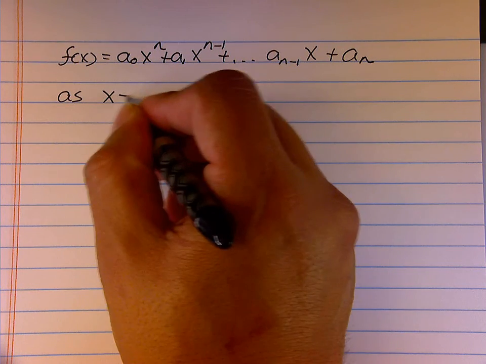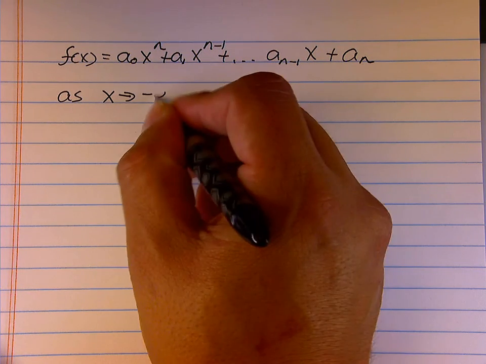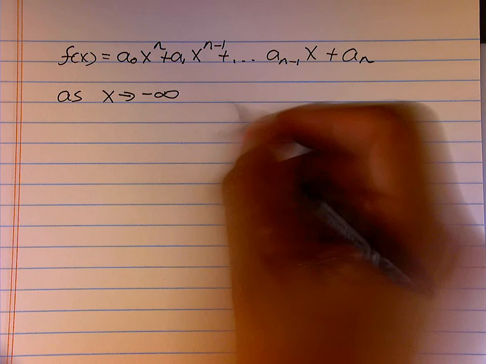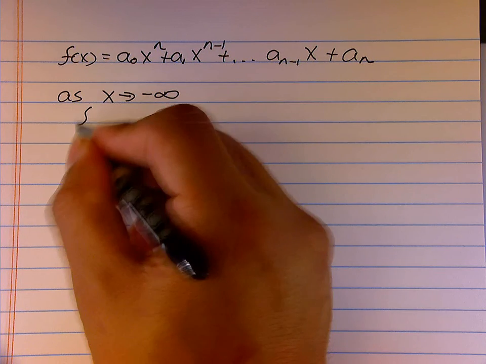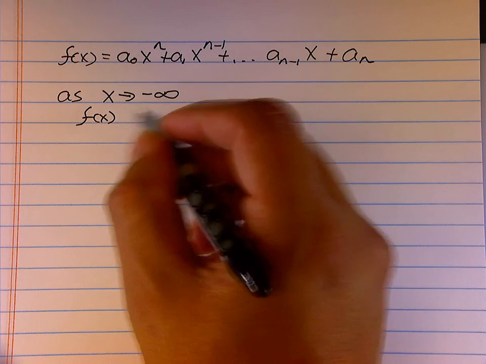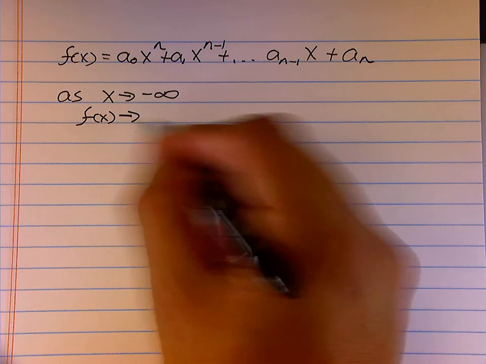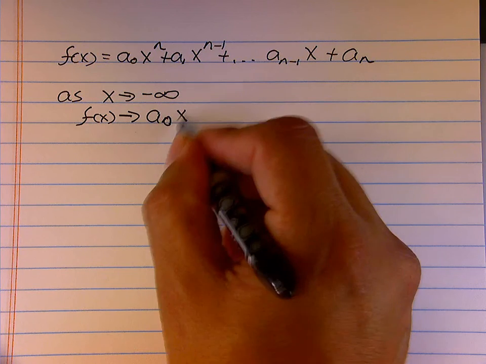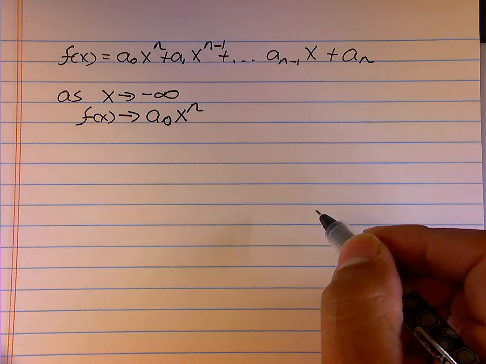As x goes to the left, f of x is heading in the same direction as a naught x to the n.